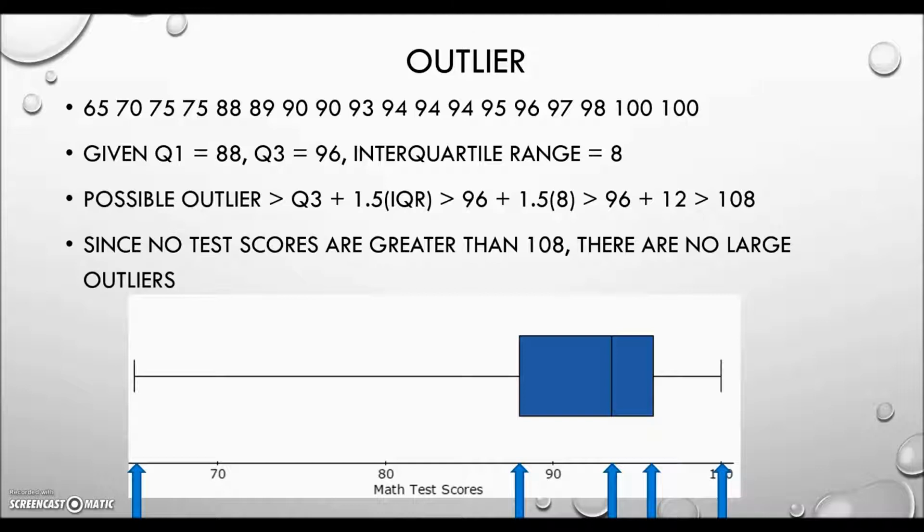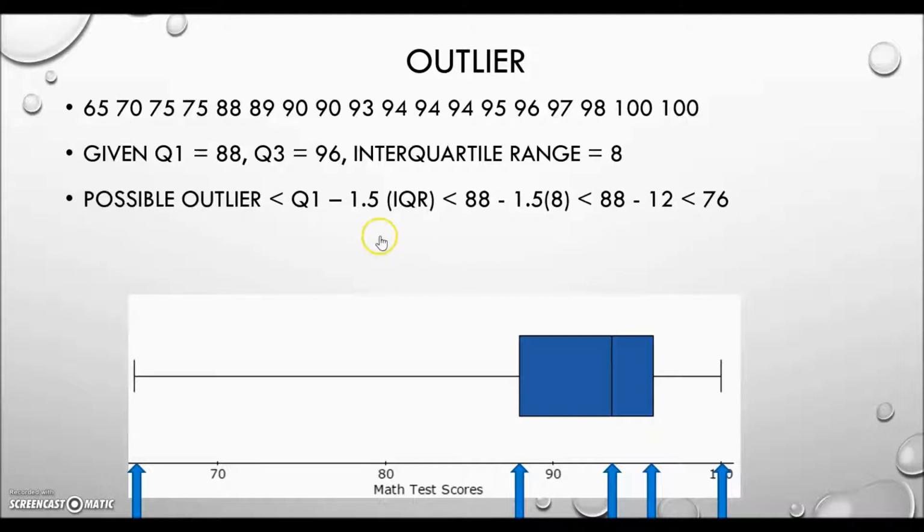Let's look at the lower end. To determine a possible outlier on the small end or lower end of our data, we need to determine what the first quartile less 1.5 times the interquartile range results in.